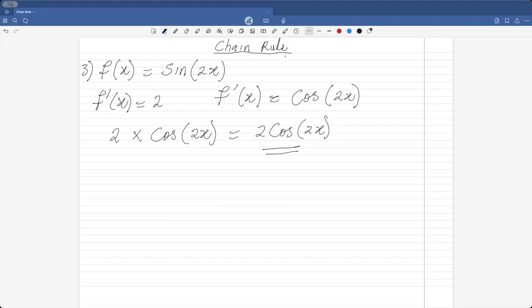Let's take one more example. Let's say we have f(x) equals tan squared 2x. How can we find the derivative of this function?